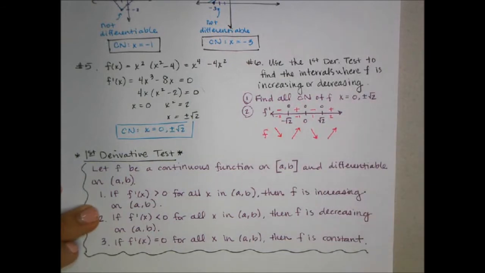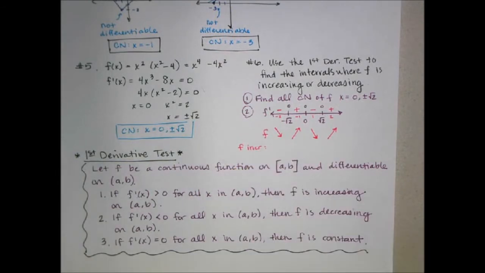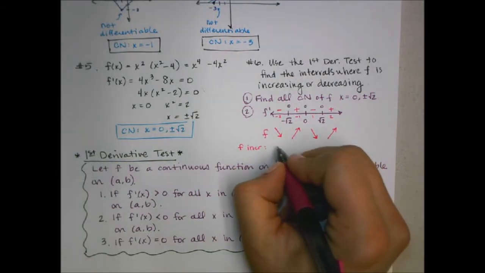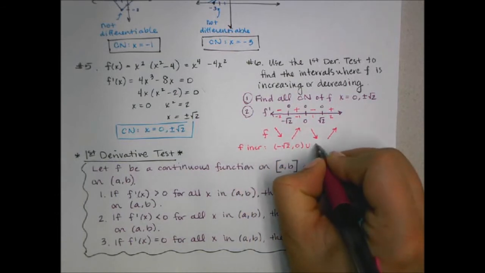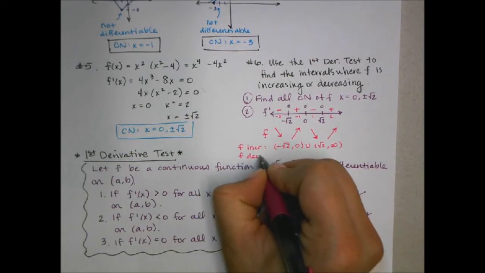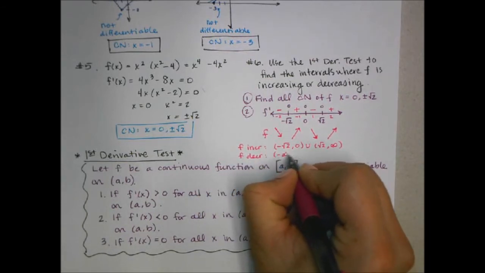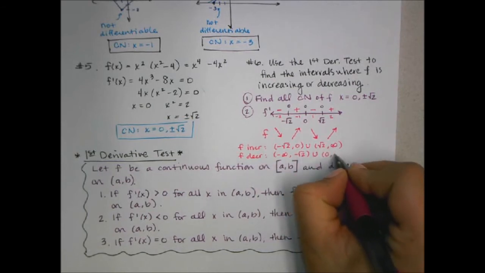Now it's just a matter of writing that out. F increases, I might just abbreviate that, on the interval negative root 2 to 0 and root 2 to infinity. And then f is decreasing from negative infinity to negative root 2 and 0 to root 2.